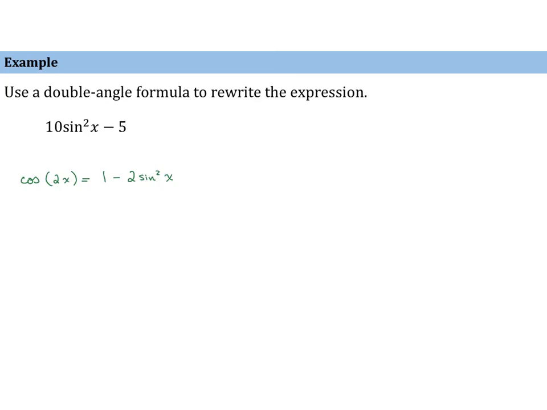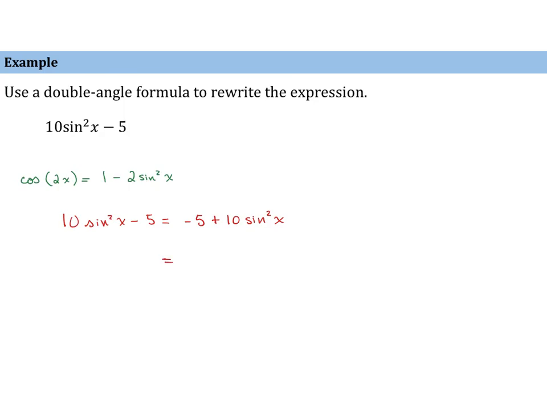So in this situation, what we need to do is we need to rewrite 10 sine squared of x minus 5 in a different order. So let's write this as negative 5 plus 10 sine squared of x.